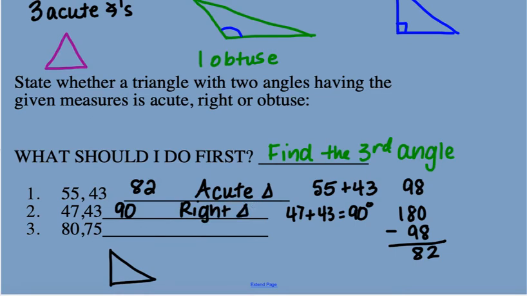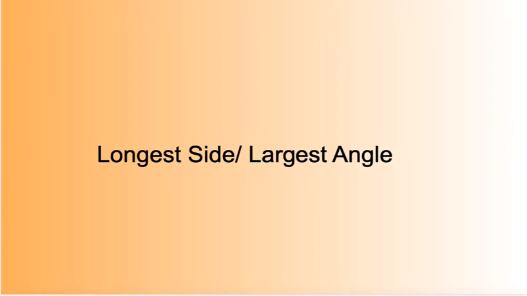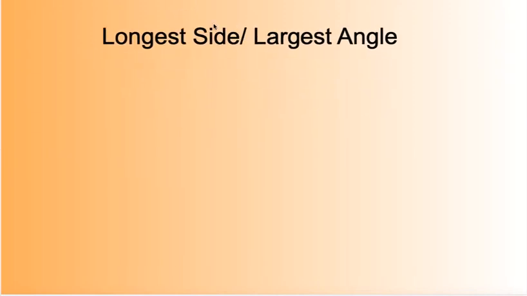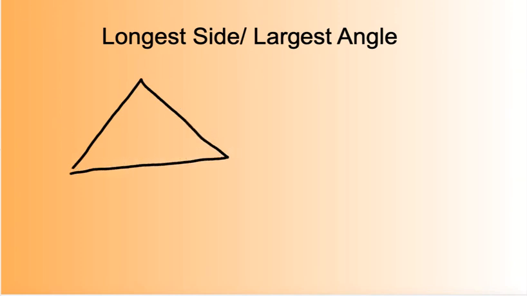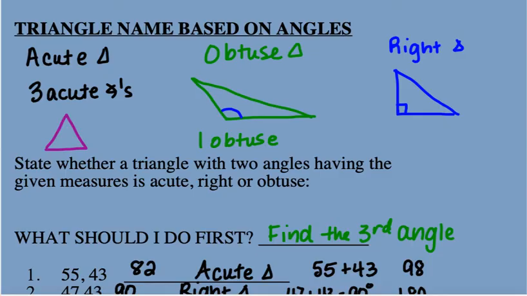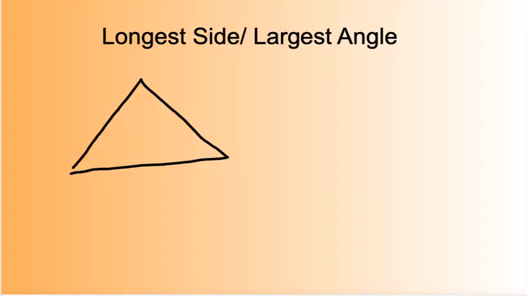All right, so now that we know that about a triangle, there are some other things that seem like they should make sense, but we want to make sure we define them, okay? So if I give you a triangle, like that first one, let me draw that first one: 82, 55, and 43.